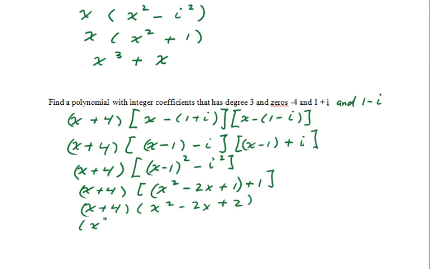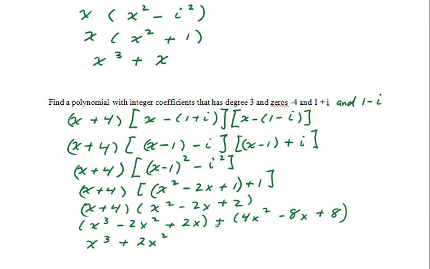So we get x cubed minus 2x squared plus 2x plus 4x squared minus 8x plus 8, which simplifies to give us x cubed plus 2x squared minus 6x plus 8.